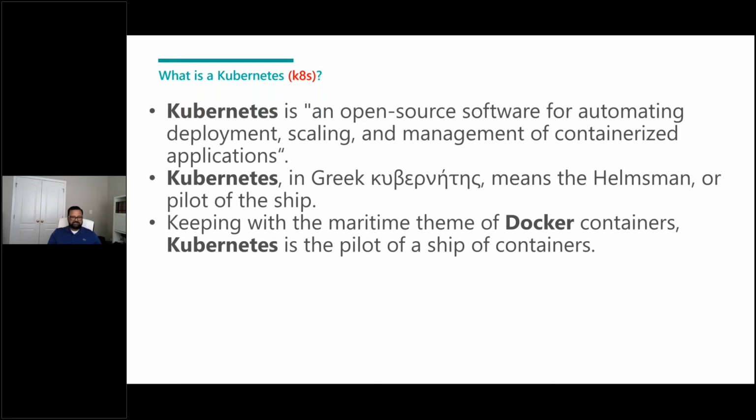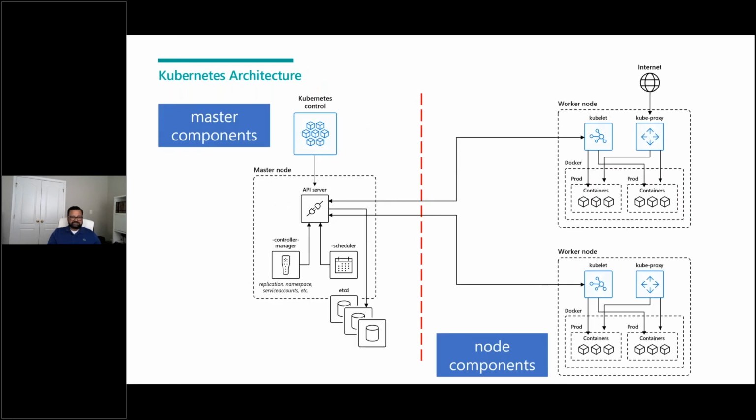Now, Kubernetes is pretty simple. Basically, you have a master node, which is the main brain behind that, and then you have worker nodes. So the containers are deployed into the workers, and a bunch of containers come under a pod, and then there is a kubelet, which is what your command line syntax goes to.